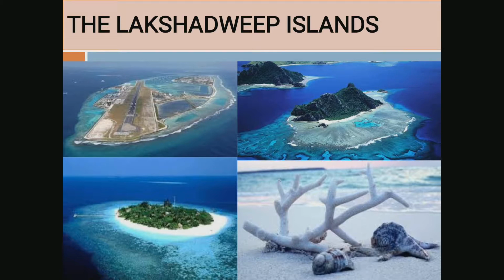This group of islands is composed of small coral islands. Earlier, they were known as Lakkadiv, Minicoy and Amindiv. In 1973, it was named Lakshadweep. It covers a small area of 32 square kilometers, and Kavaratti Island is the administrative headquarters of Lakshadweep.